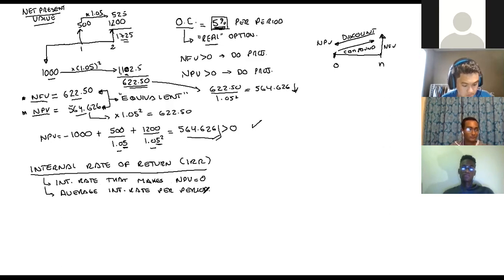Okay, so let's understand how this works. So guys, I know the formula of the net present value, correct? This is my net present value. This is my formula. So what I will do is the following. I want the net present value.